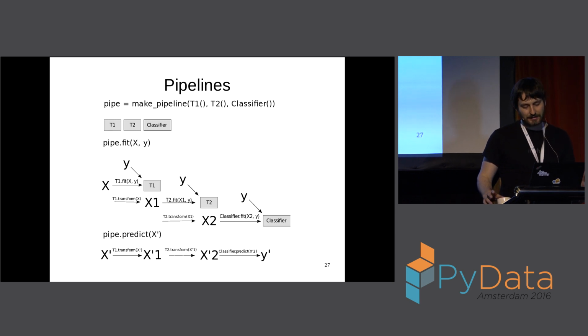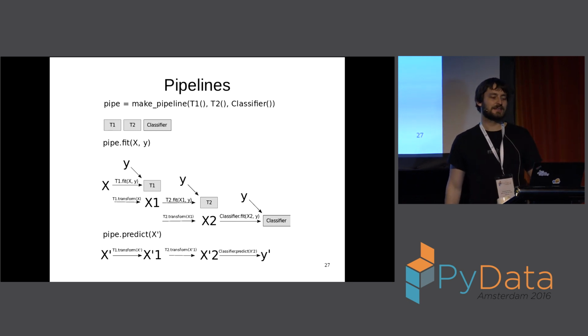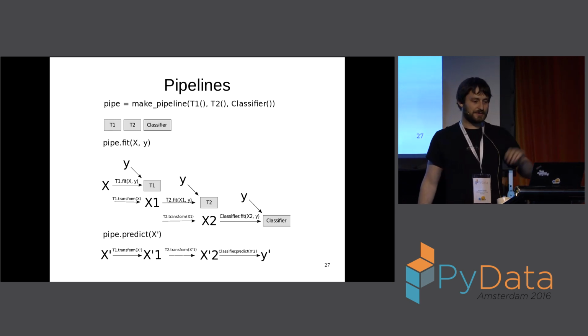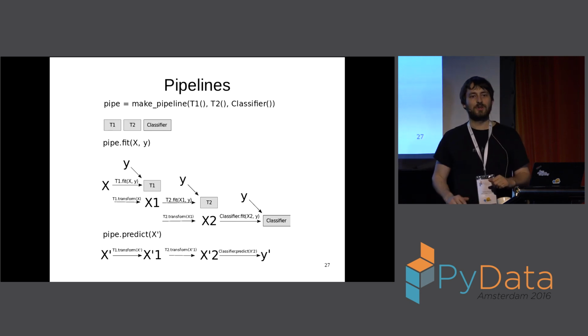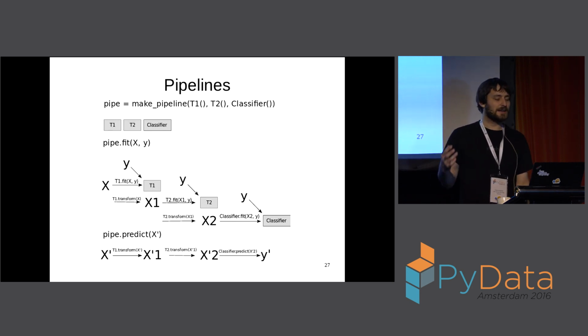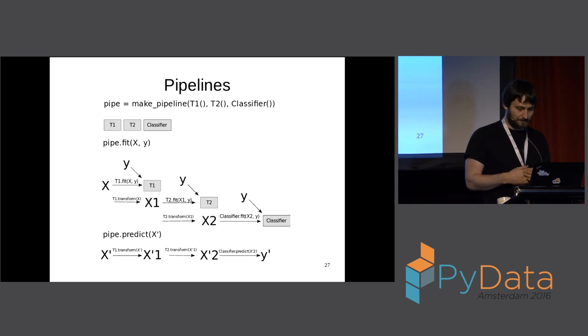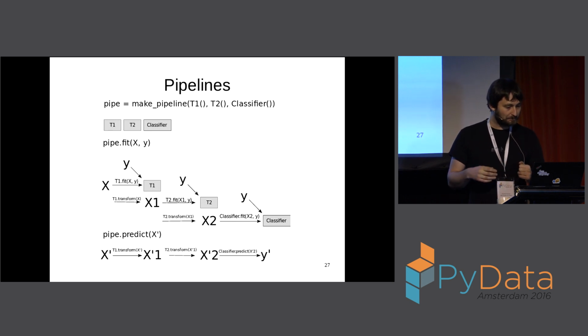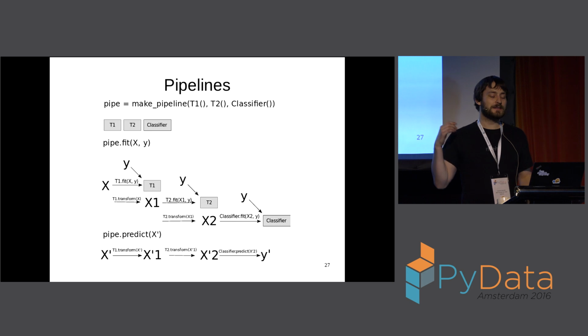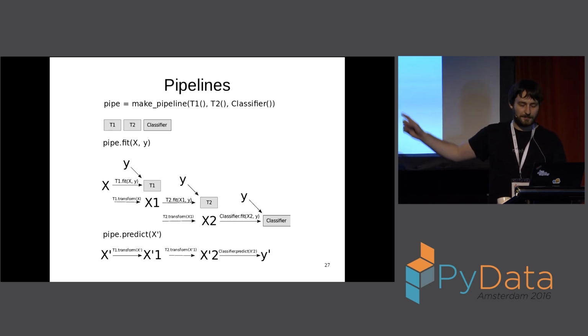So what pipelines basically do is chain several transformations. So here I have T1 and T2, and then optionally I can have in the end a supervised model, or I could have a clustering model or whatever. I mean, classification and regression are the most common. So when you fit this pipeline, you get your input data X, your labels Y, you fit the first step T1, and you call T1.fit.